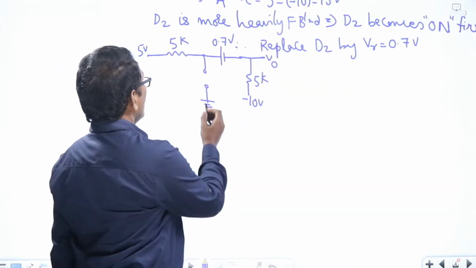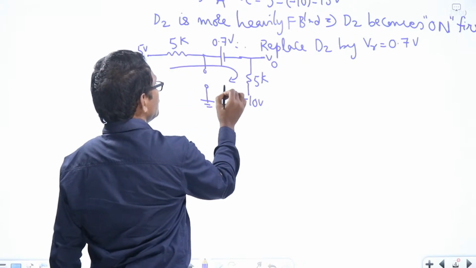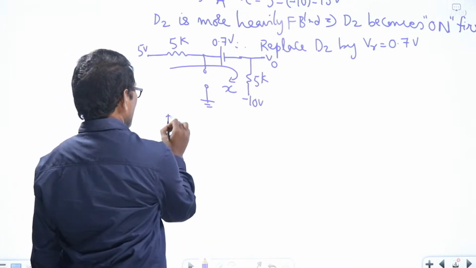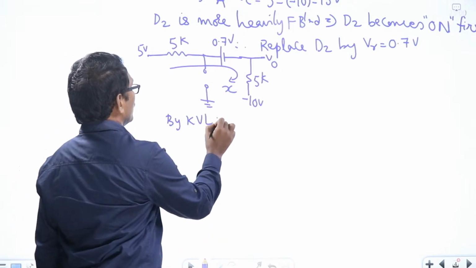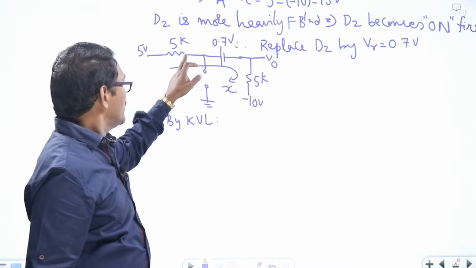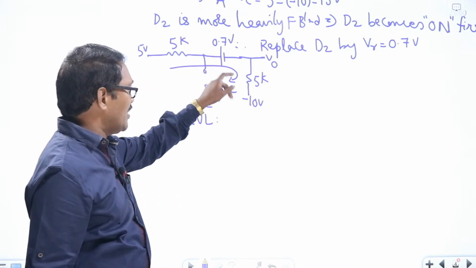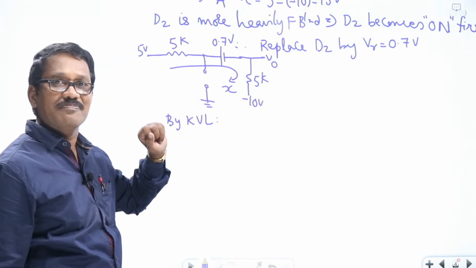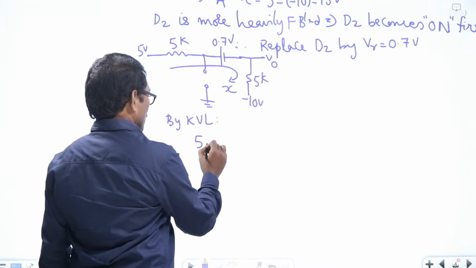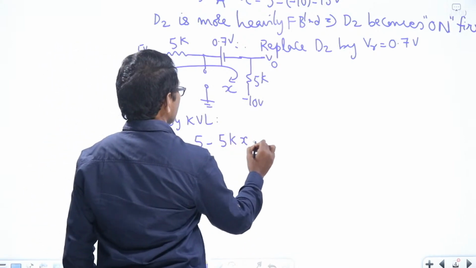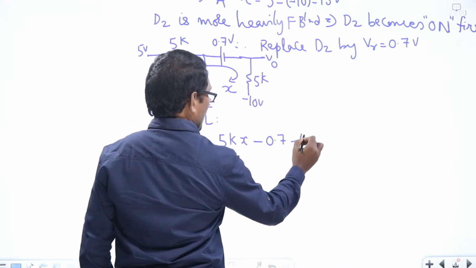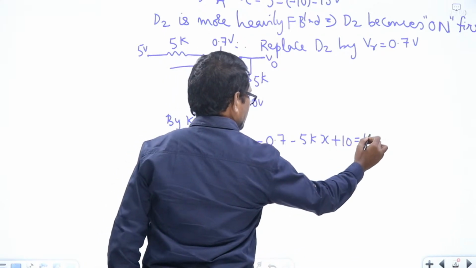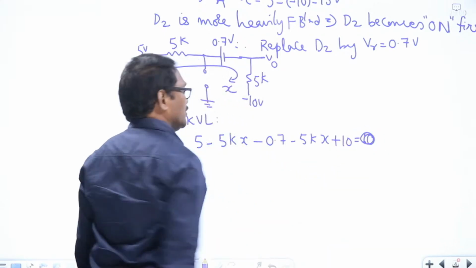Now apply KVL. Assume that the current through the circuit is X. By KVL, 5 minus 5KX minus 0.7 minus 5KX plus 10 is equal to 0, since minus of minus 10 means plus 10.